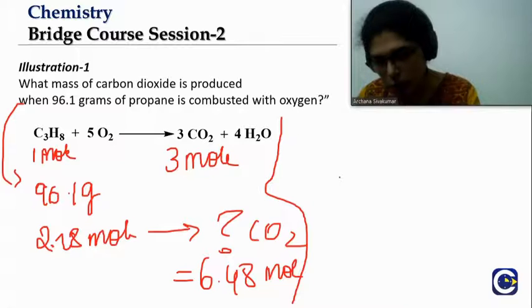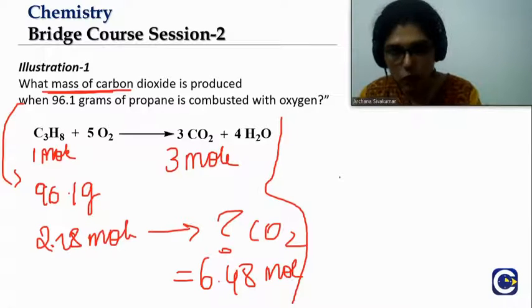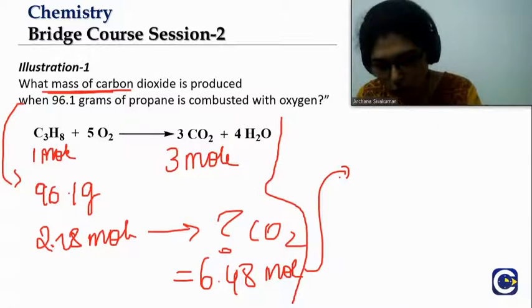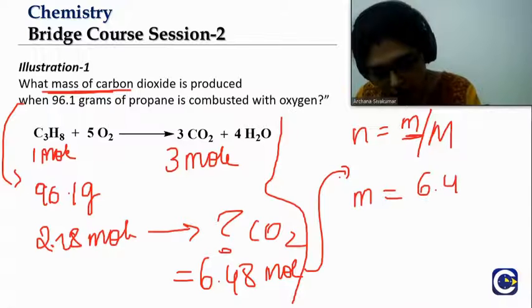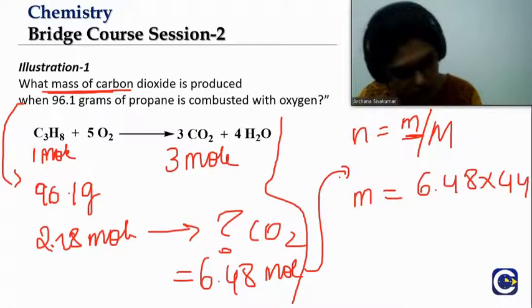Those are moles. But mass is asked, isn't it? So how do I convert this into mass? 1 mole has 44 grams. So using n equals mass over molar mass, I'll be able to find the mass. So mass will be equal to 6.54 times 44.